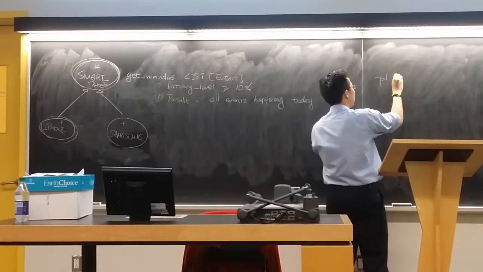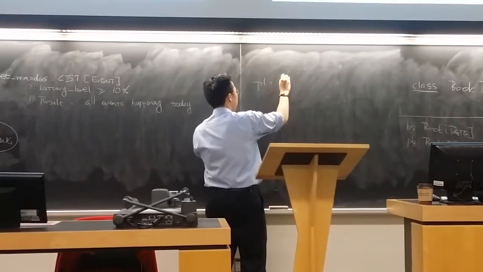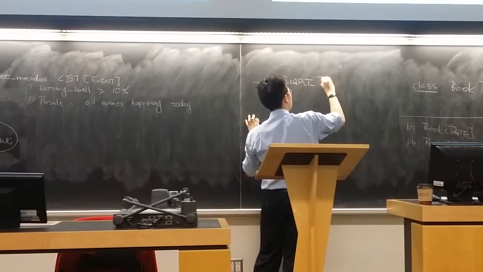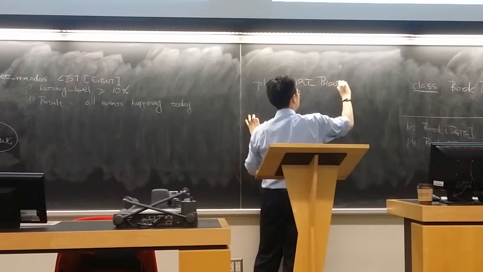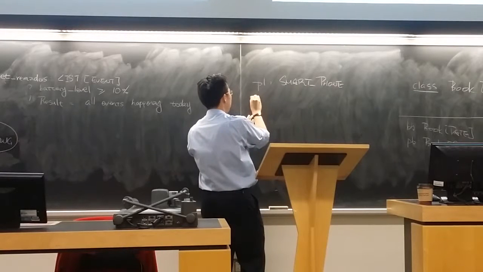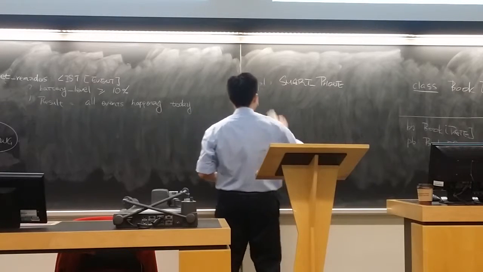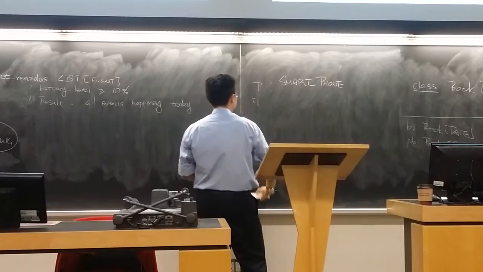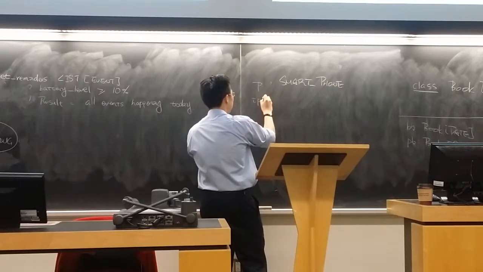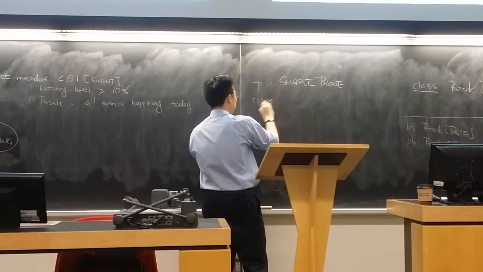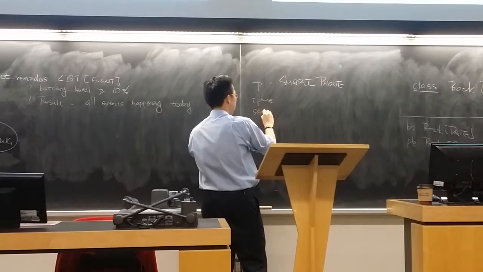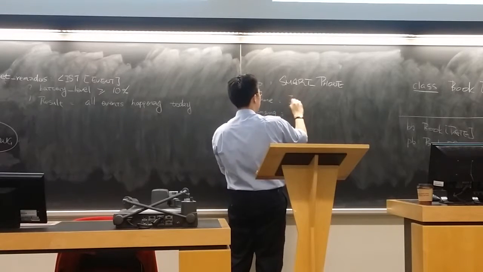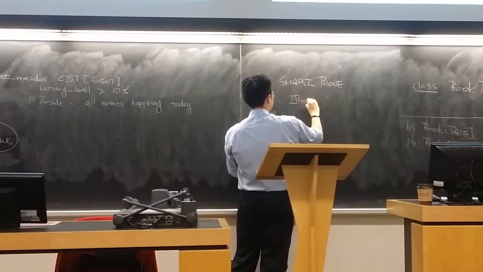Let's say P, declared to be a smartphone. And then I'll simply say iPhone here. I'll just make that a more meaningful name: iPhone and Samsung.